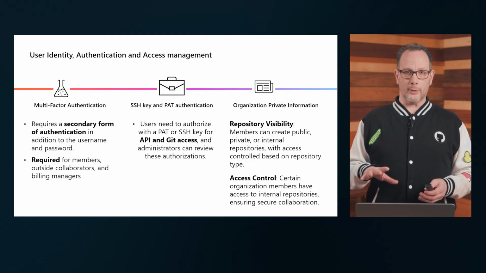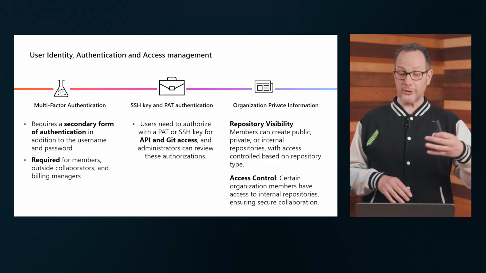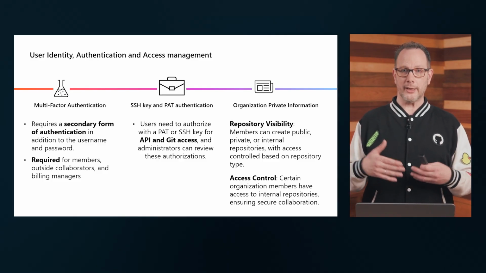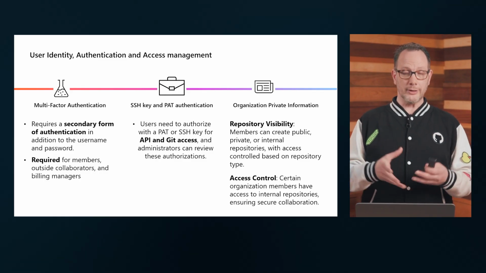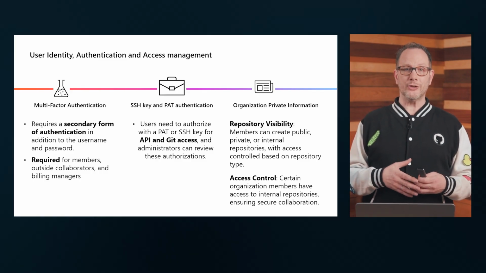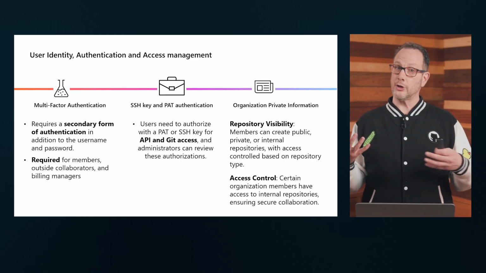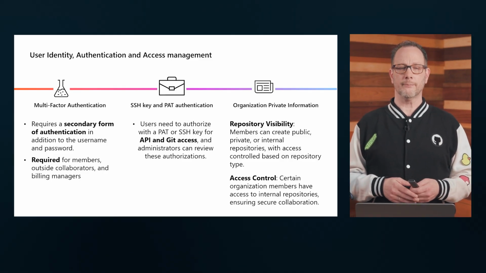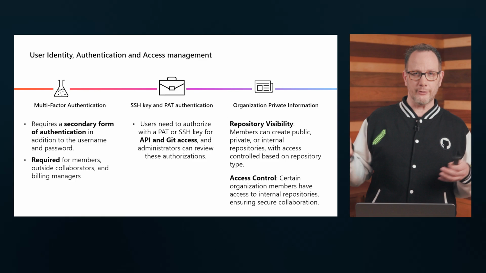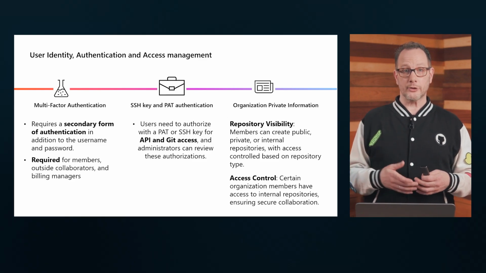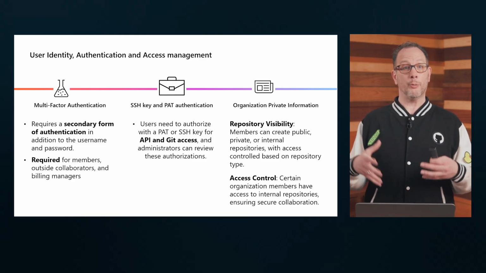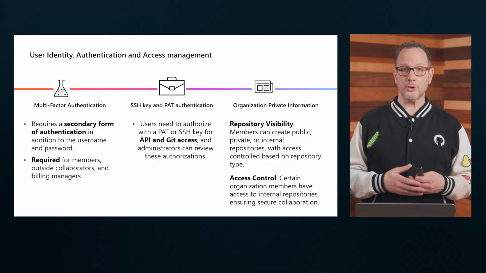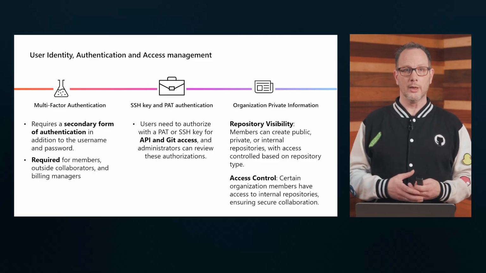This slide takes our identity discussion a step further by looking at authentication methods like multi-factor authentication, using SSH keys, and using personal access tokens. As DevOps and developer engineers, many of us use these daily, but it's important to understand how they contribute to overall security.